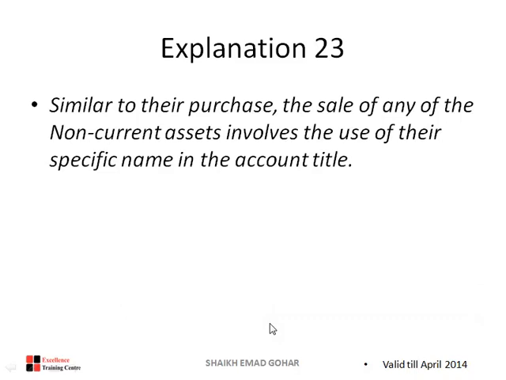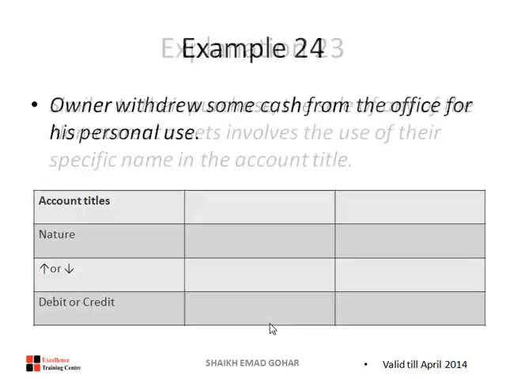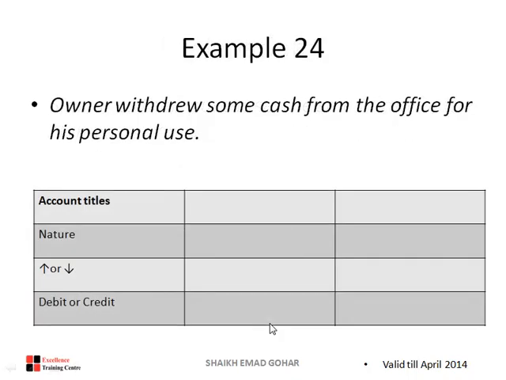See, similar to purchase, the sale of any of the non-current assets involves the use of their specific name in the account title. Very important example now. Owner withdrew some cash from the office for his personal use. Yesterday I told you this is called drawings, when the owner is withdrawing something from the business.